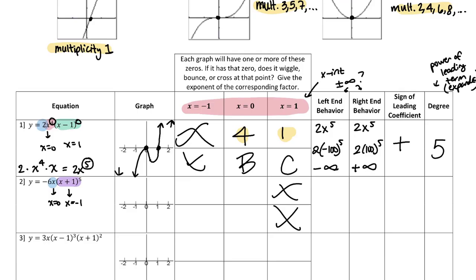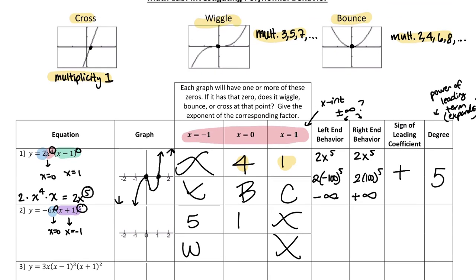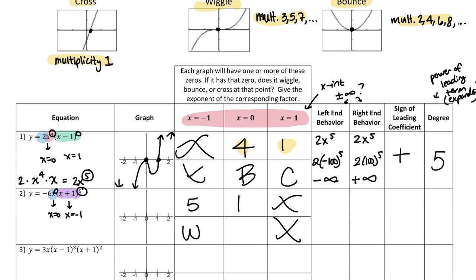And then for negative 1, the multiplicity is 5, and for 0, the multiplicity is 1, so that means now we can determine our wiggle, cross, bounce. If the degree is odd, that's an example of wiggle. See, multiplicity 5, odd, versus multiplicity 1 is an example of a cross.